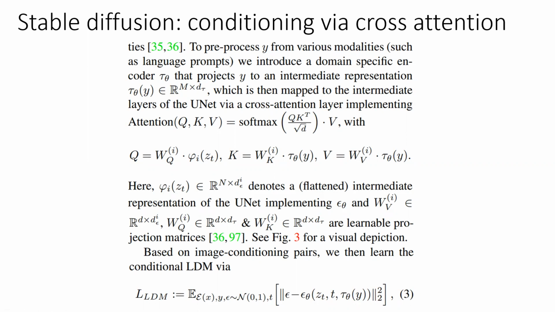And from there, we just perform normal attention. We pass each of these through a linear layer, and perform attention to update our intermediate vectors Z sub T. Okay, so that's how we incorporate that conditioning information, and then we can change our diffusion model objective just slightly to account for that conditioning information by now training our denoising network epsilon sub theta to denoise based on that conditional information.